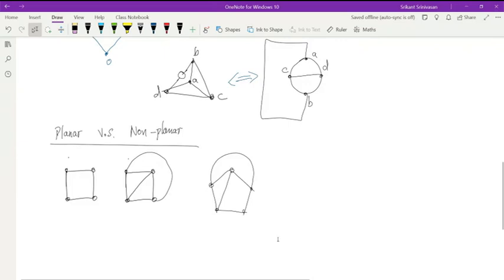Is everybody following so far? Yes. Now, the same thing which I had like this, and let's say I have something going like this.